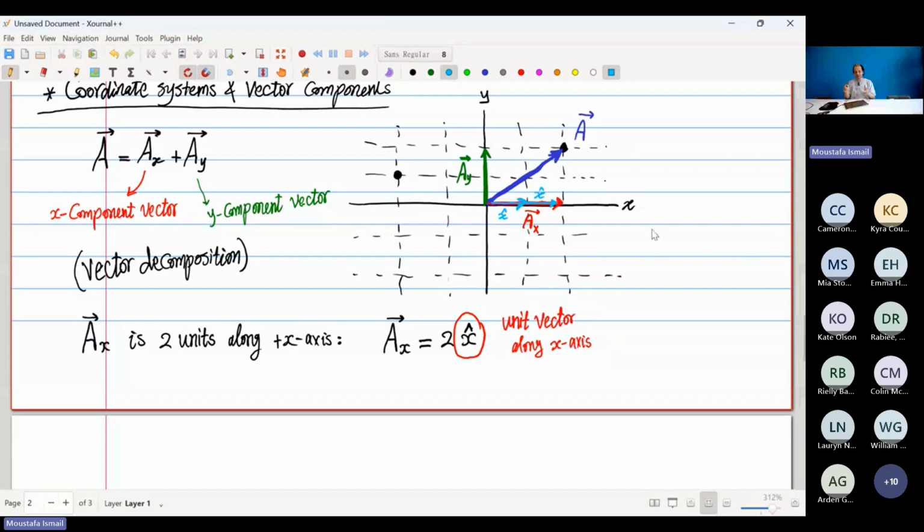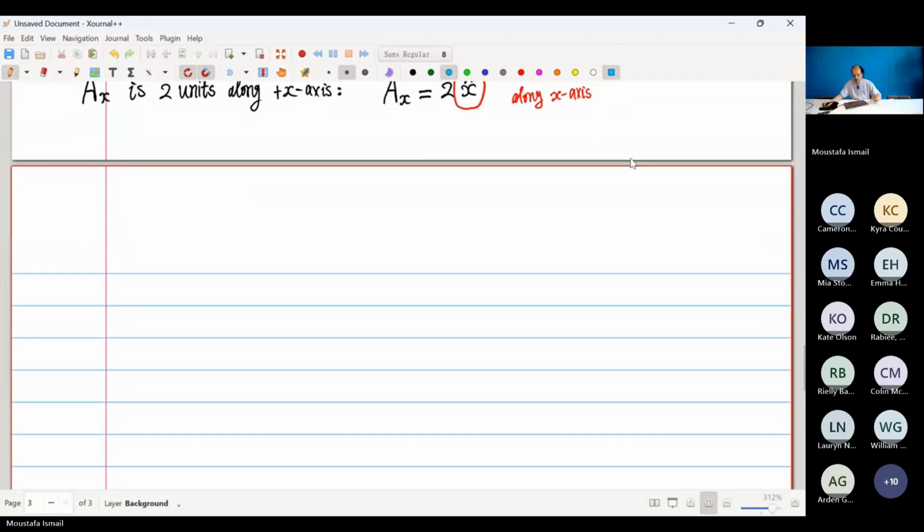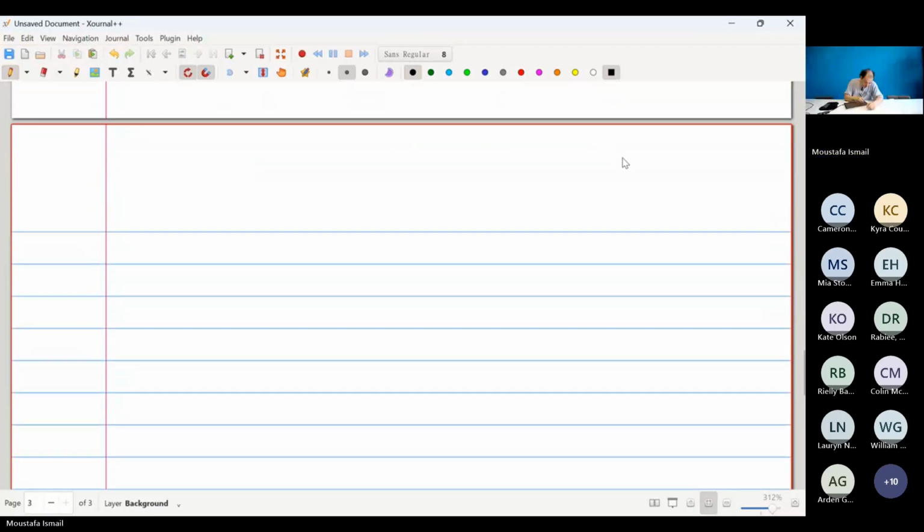So we define 2 unit vectors, 1 unit vector along the x-axis and 1 unit vector along the y-axis. Unit vectors x hat and y hat. This little hat is just a special symbol to indicate that it's a unit vector, instead of drawing arrows as we did with the actual vectors that don't have unit length.